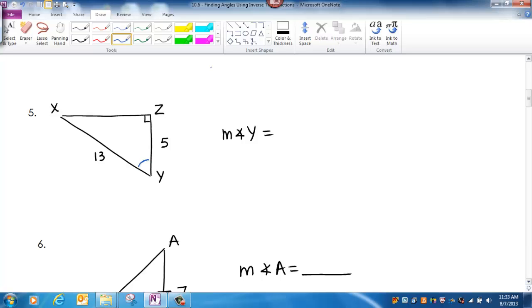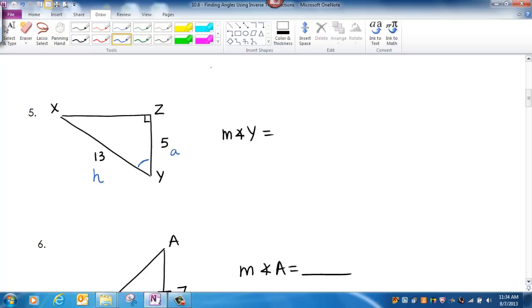So it's asking us to look at angle y. Okay, so here, what is the 5 in relation to angle y? This is the adjacent side. And then what is the 13 in relation to angle y? Well, it's across from the right angle, so it's the hypotenuse.